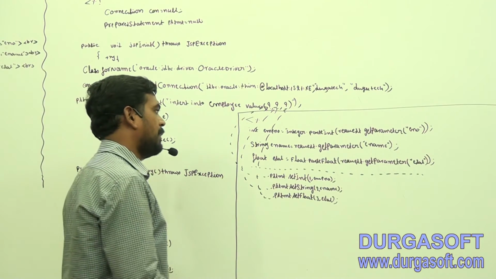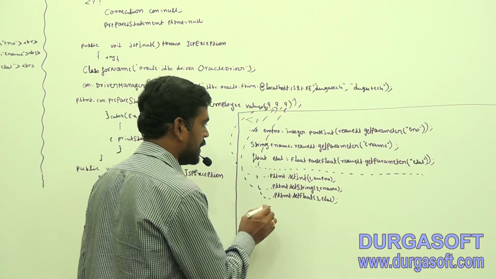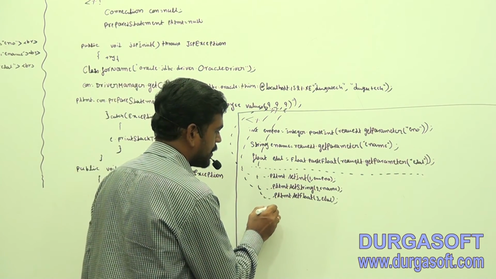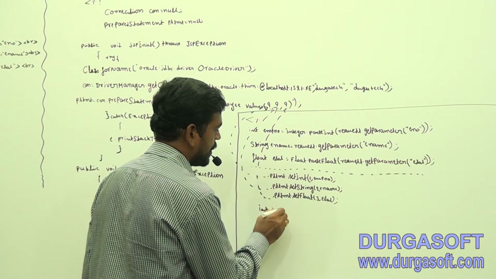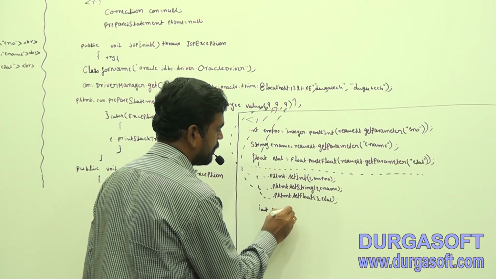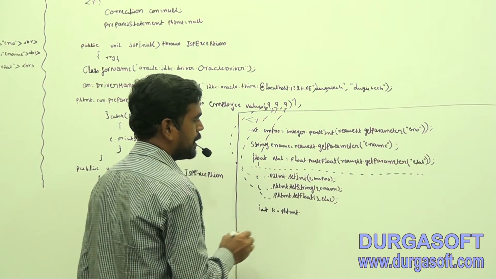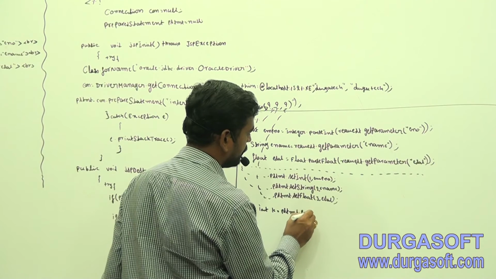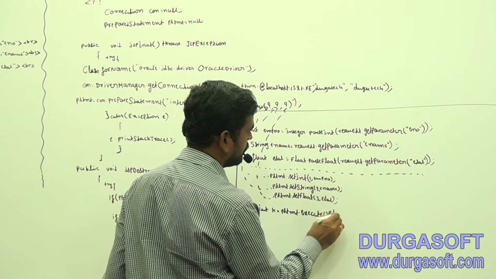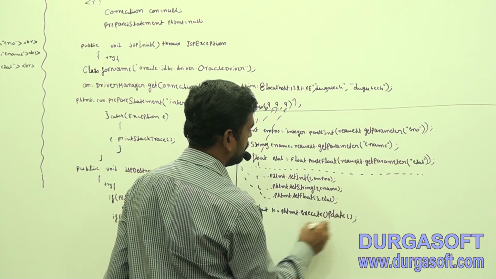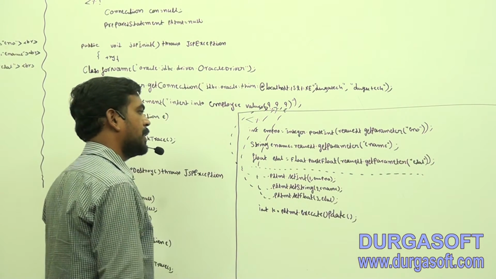After setting all the values, we can send it to this total query. How to send? int k is equal to pstmt dot executeUpdate. Then automatically the query is going to be sent.